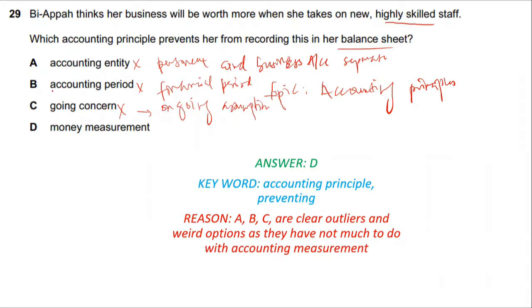So just by eliminating options, you come to the final answer, and the correct answer is option D, money measurement, because this transaction is about measurement. So this business cannot record this entry of highly skilled staff or the goodwill of highly skilled staff because that is not allowed by accounting standards as well. So the correct answer to multiple choice 29 is option D.